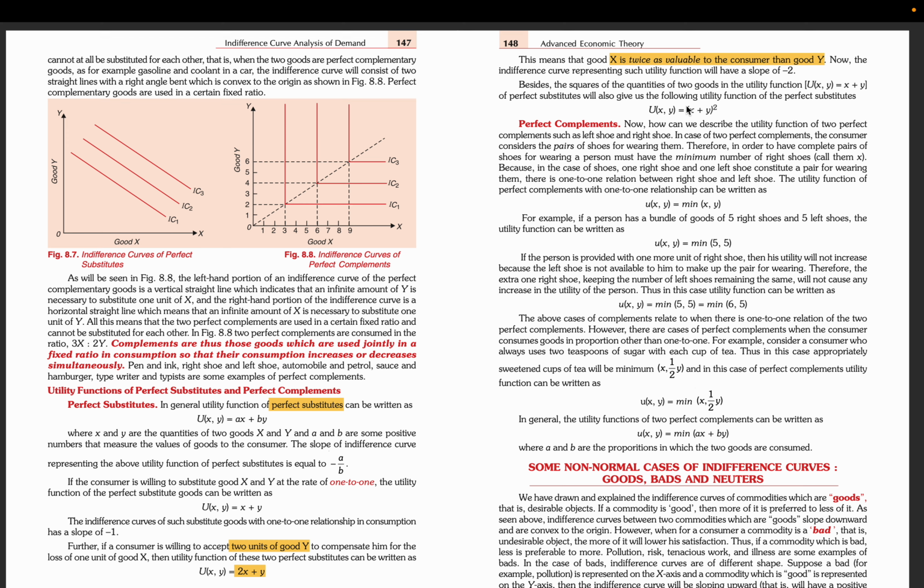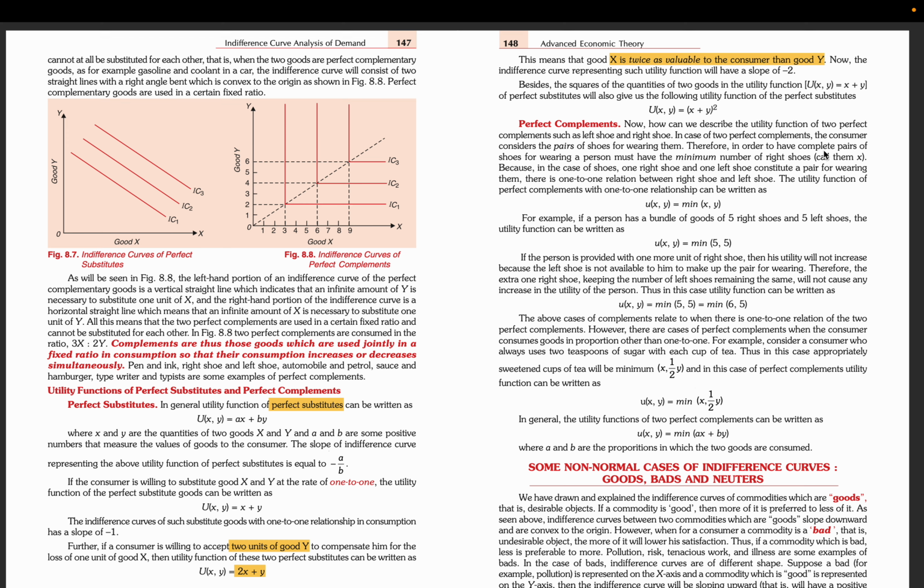Besides, the square of quantities of the goods of perfect substitutes will also give us the same utility function, because of monotonic transformation. Perfect complements. Now, how can we describe the utility function of two perfect complements, such as left shoe and right shoe? In case of two perfect complements, a consumer considers the pair of shoes for wearing them.